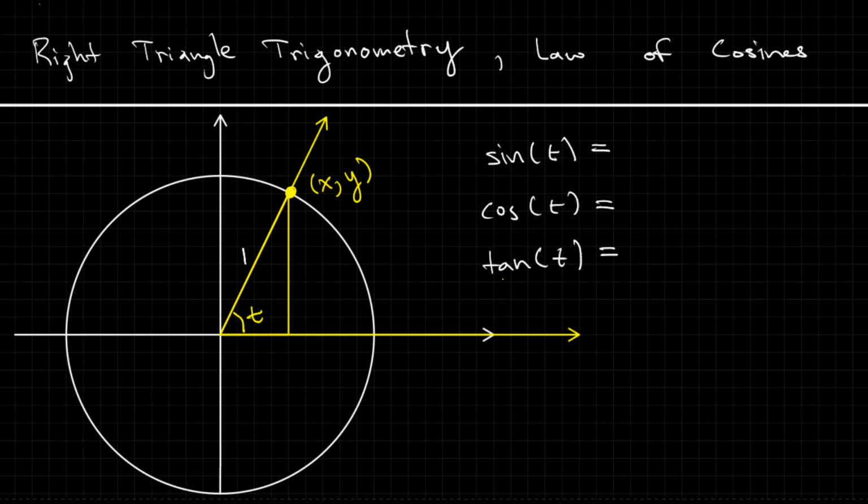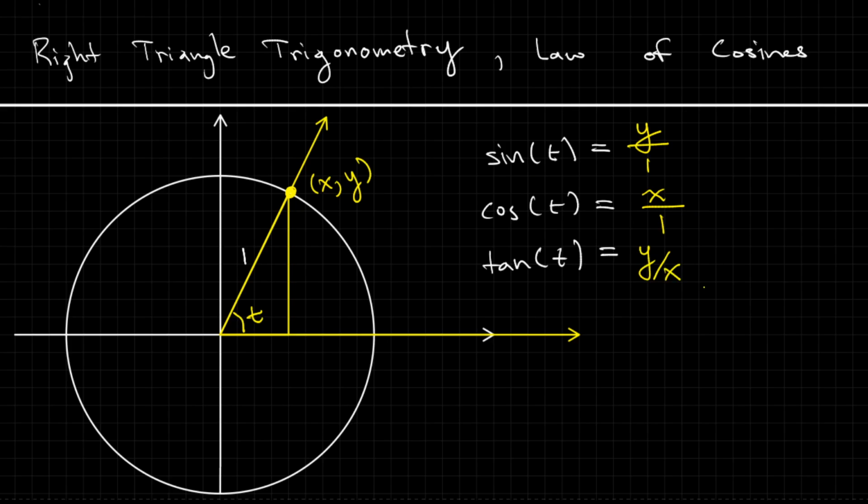And we know for this drawing that I've drawn, that is, I have a unit circle, I have an angle in standard position, and I have labeled this angle t, that sine of t is going to be y, and I'm going to write this as y divided by 1, and we'll see why I've done that in a moment. Cosine of t is x over 1. Again, we had just written it as x before, but I'm going to write it as x over 1, and then tangent of t is y over x.